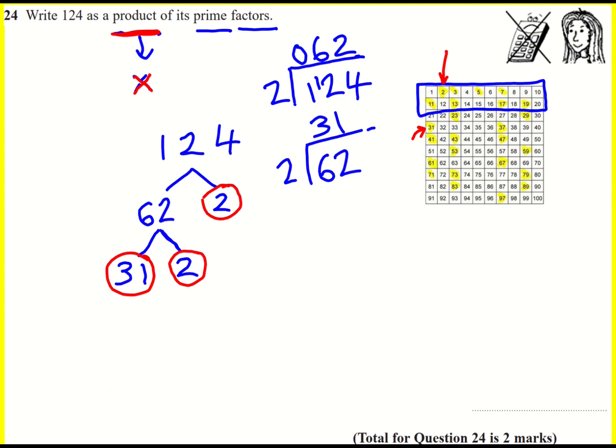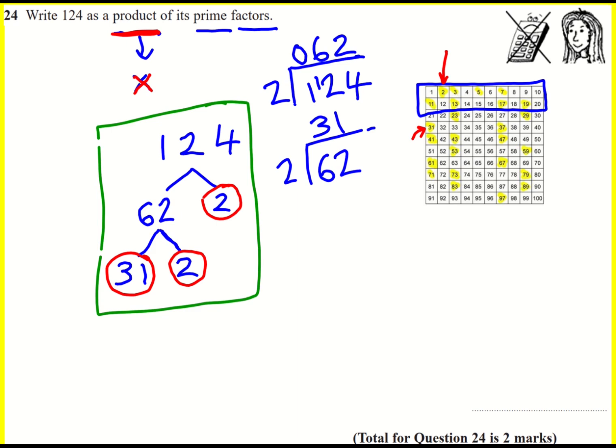So we have done a prime factor tree. The final part of the answer is to show 124 as a product of its prime factors. So as a product of its prime factors, I'm only looking at the ones in red. Why? Because they are the prime ones. I'm not actually interested in 62 in this situation. I'm only looking at its prime factors.